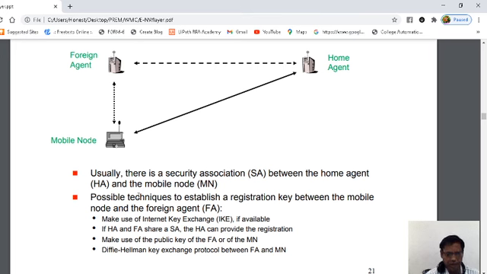Possible techniques to establish a registration key between the mobile node and the foreign agent are implemented through different mechanisms.